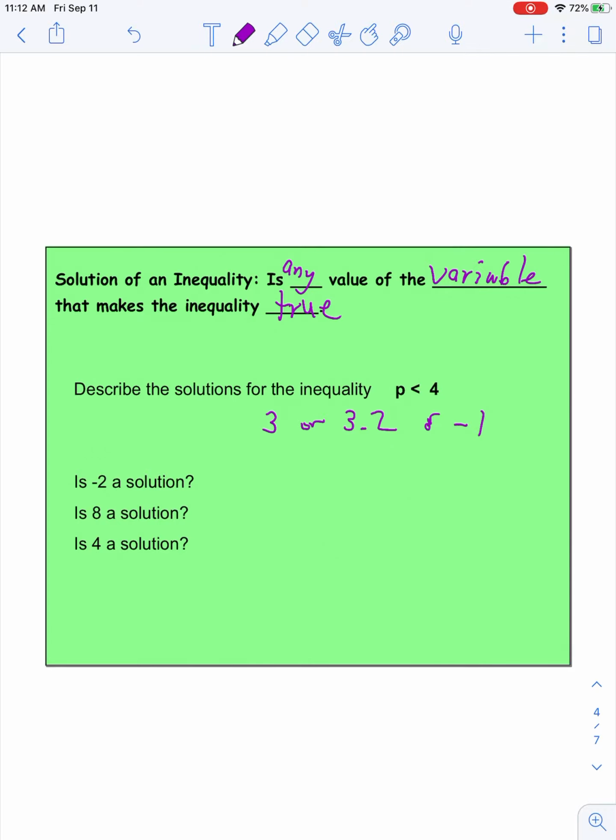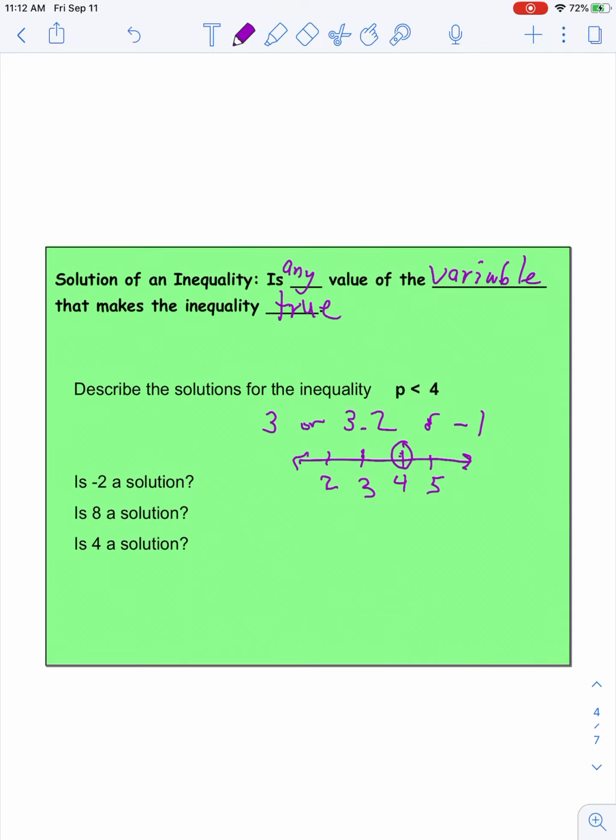describe or list all of the solutions, so that's where I use a number line to describe the solutions. So I would have the number 4 on my number line for sure, and then to describe all the solutions, since I can't possibly list them, I would put a circle at 4.